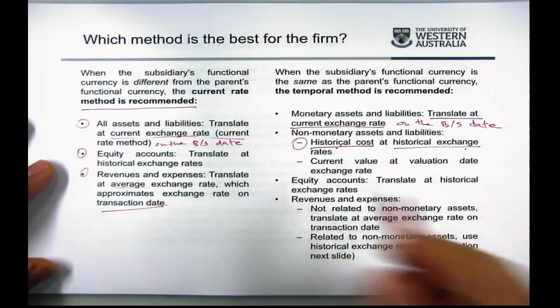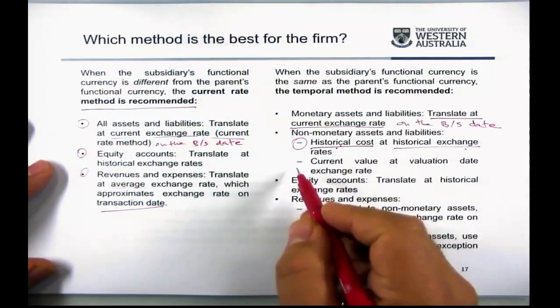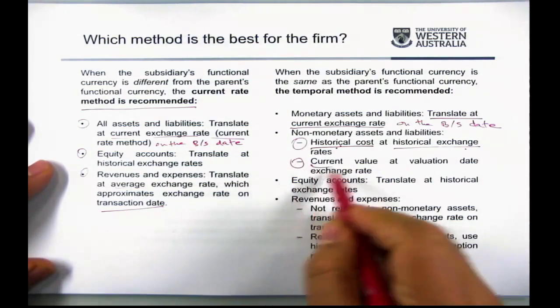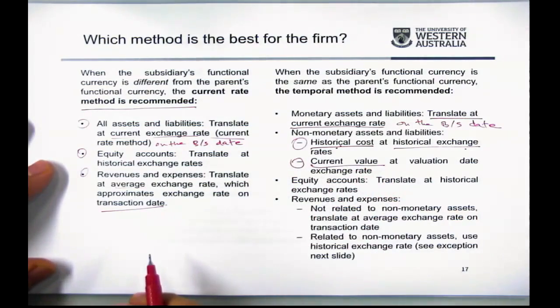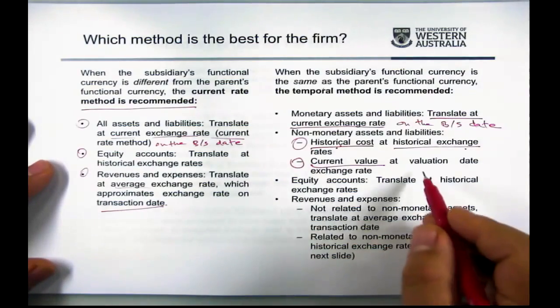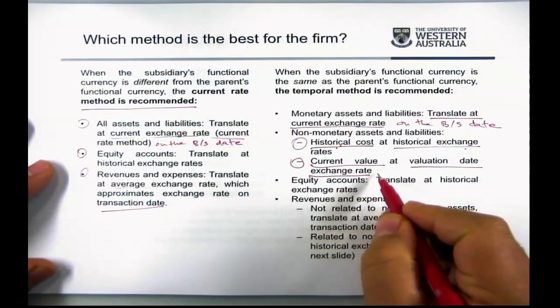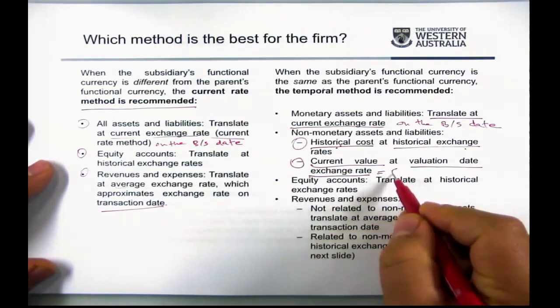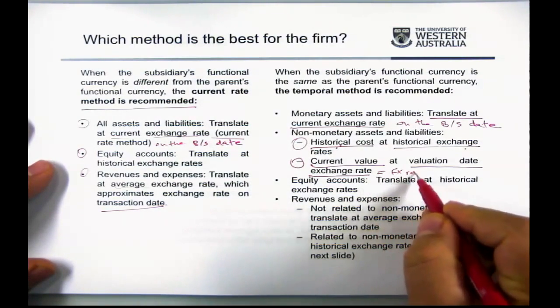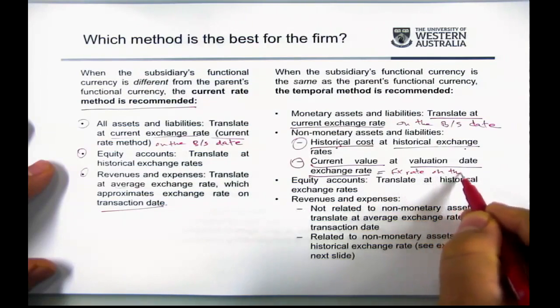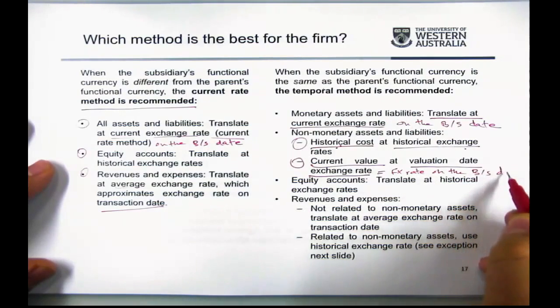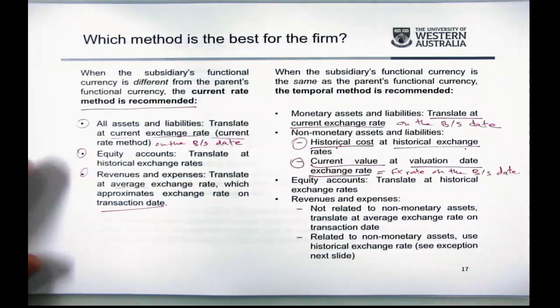Okay? And if these non-monetary assets and liabilities are reported at current fair value, we use the exchange rate prevailing on the valuation date, which is normally similar to the FX rate on the balance sheet date. Okay?